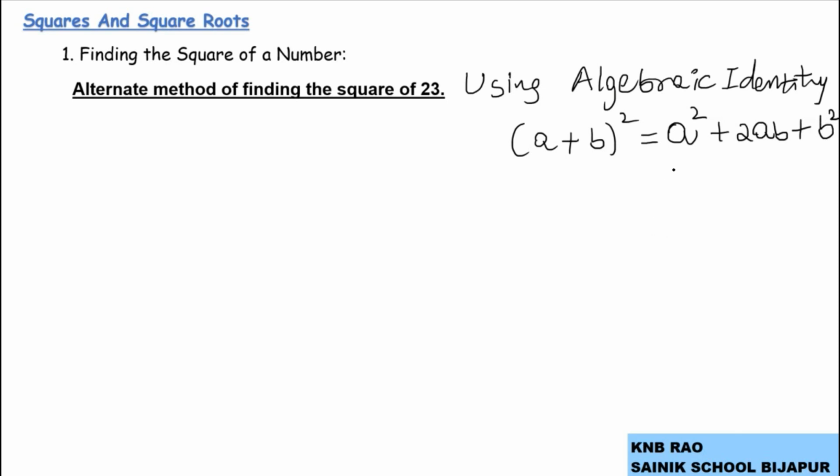We learned that a plus b whole square is the sum of these three terms: a square, which is a multiplied by a only, plus 2ab, 2ab means 2 into a into b, plus b square. So students, here we will apply the same technique, but we know that 23 is nothing but 20 plus 3.